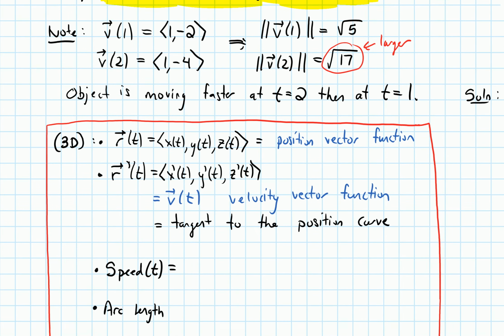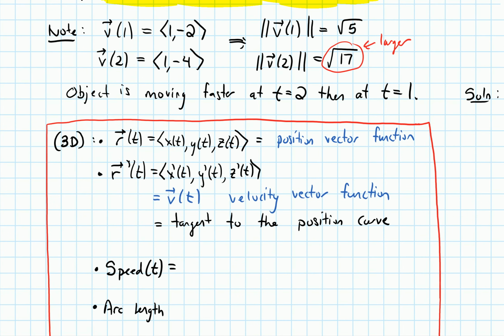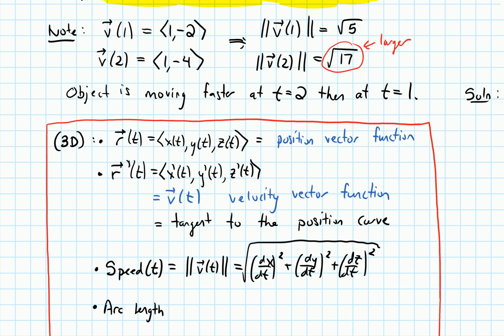All right, two other things that I want to just summarize. Speed, we've seen this before. Speed is the magnitude of the velocity vector. The magnitude of the velocity vector would be the square root of (dx/dt) squared, that's the first component squared, plus the next component (dy/dt) squared, plus the next component (dz/dt) squared. And we saw in section 11.2 that this is equal to dL/dt.